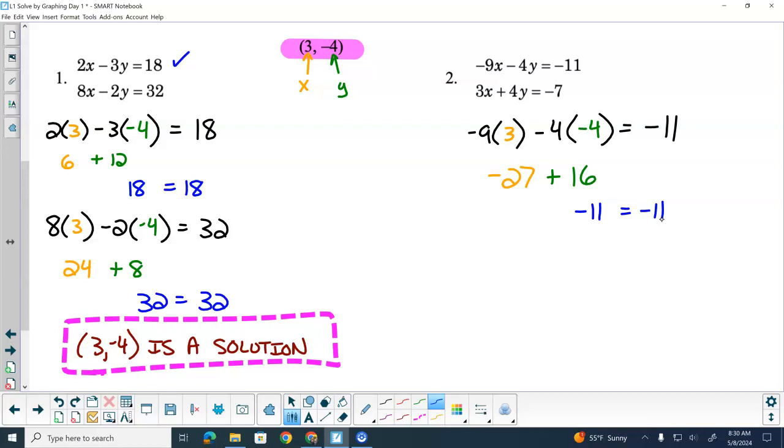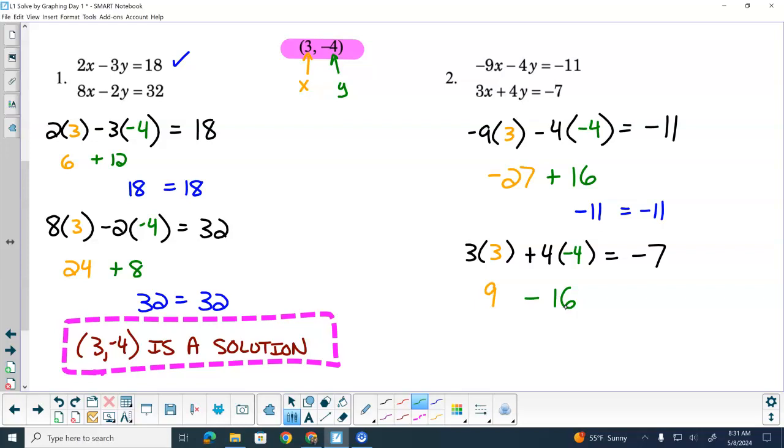Gave you the smaller numbers. Right? 3 times 3. 4 times negative 4. Negative 16. 9 minus 16. I said 9 minus 16.